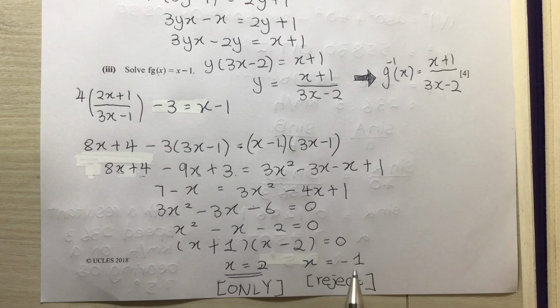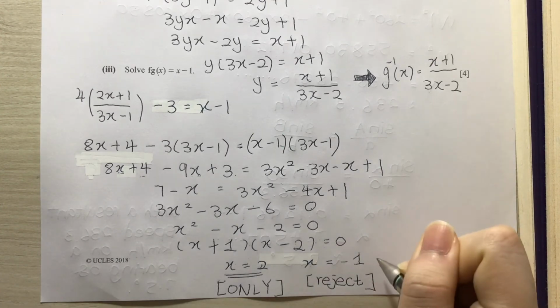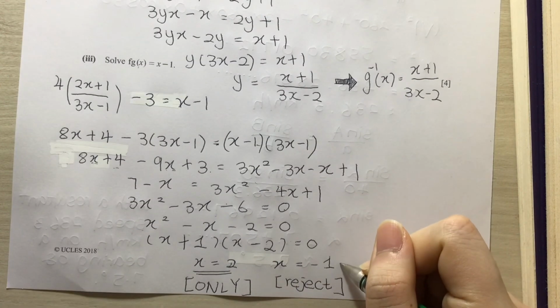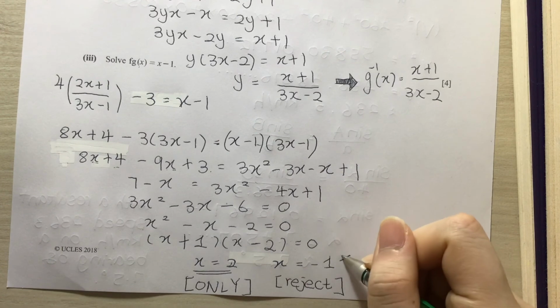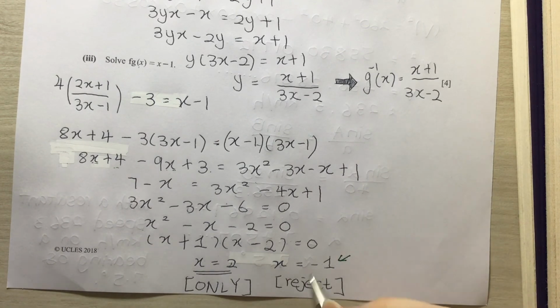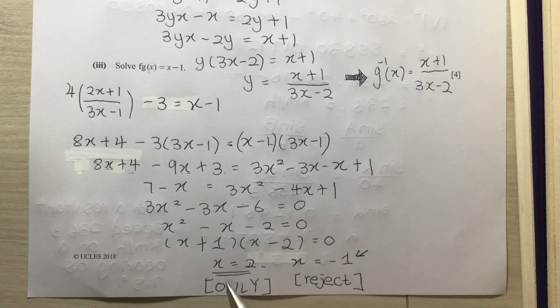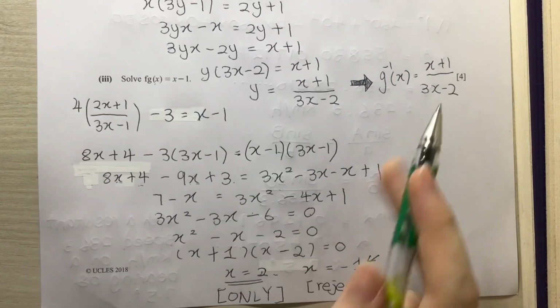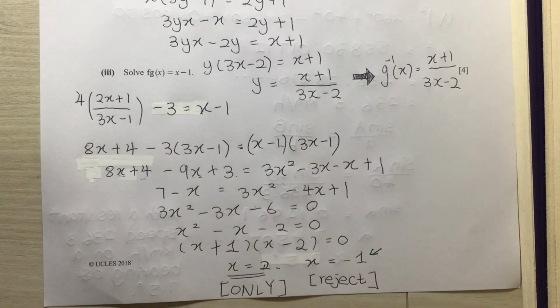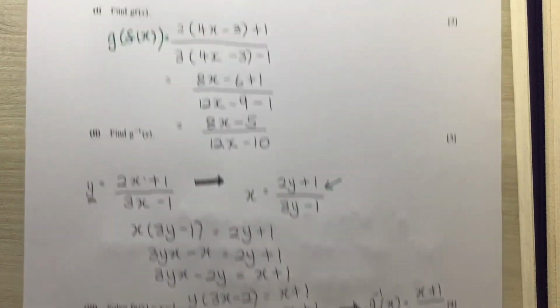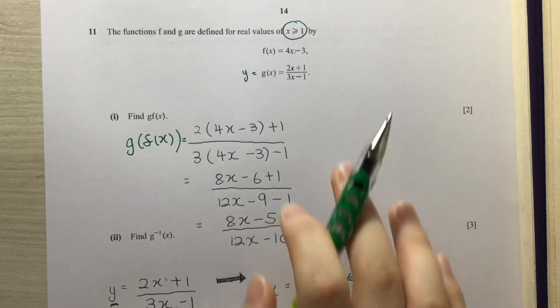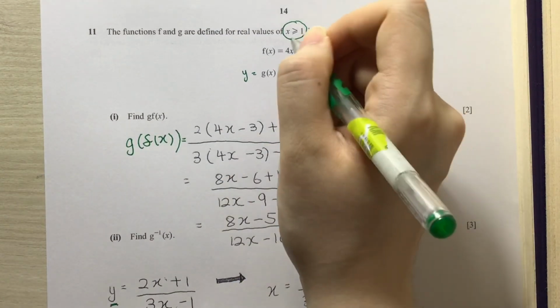So in this case, the answer that is less than positive 1 is this. So make sure you write reject over here, and this will be your only answer. So this is what you have to do to get all 4 marks for this last part of the question. So always refer back to your question, where they give you the range of x for a reason.